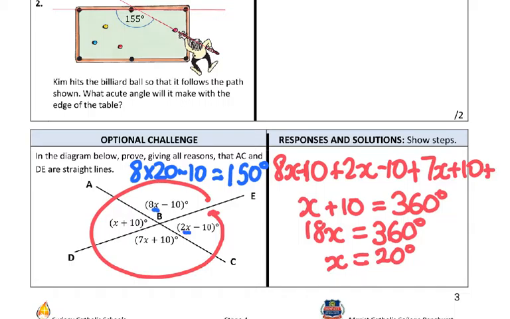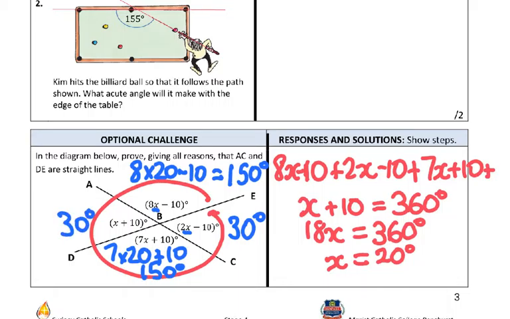Same idea here, just again replacing the x. So I've got 2 times 20 is 40, minus 10, that makes 30 degrees. Here, 7 times 20 plus 10 is 150 degrees. And here, I've got 20 plus 10, which is 30 degrees.